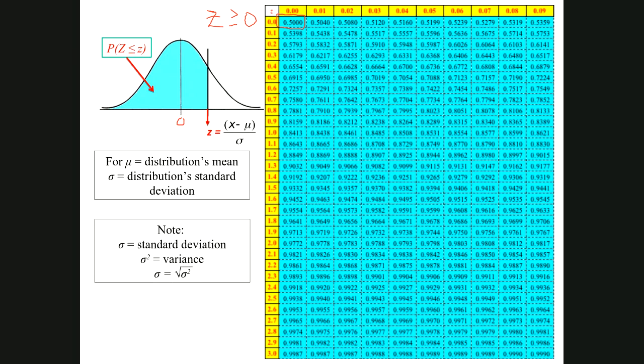But because it's symmetric, you can manipulate this to determine probabilities.